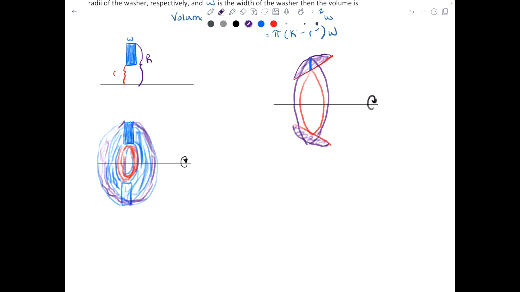And if you just kept going, you'd make all of these discs. So it's going to end up looking something like this. And so it won't be solid this time, right? It'll be kind of like a bowl.